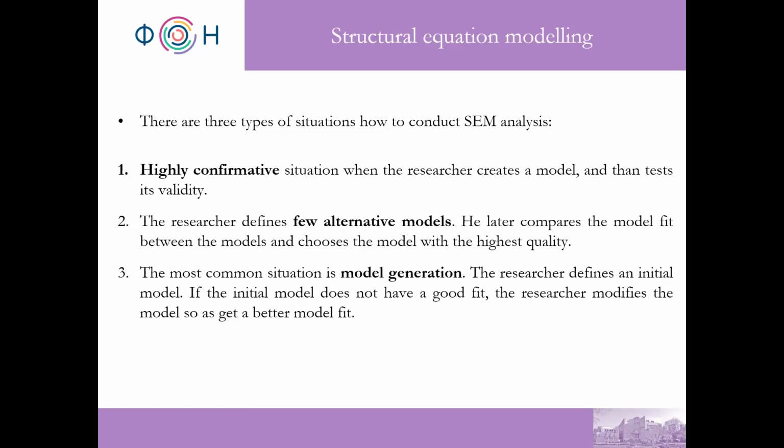The model which fits the best, you proclaim as your final and the best model. However, the third option and approach is the most common one, and that is model generation. You start with one SEM model, you try to fit your data to the model, and then you are, let's say, allowed to make small alterations to your model in order to get a better fit.